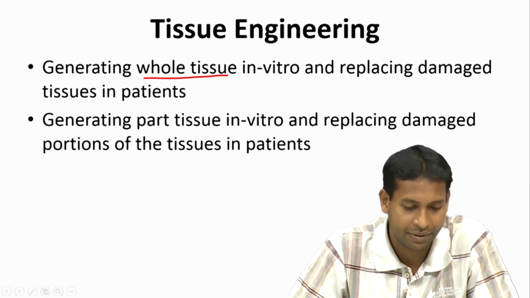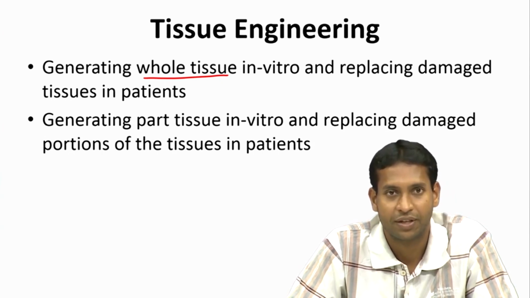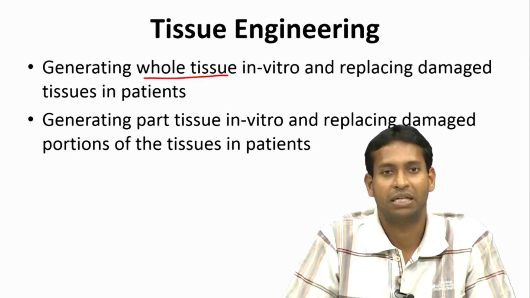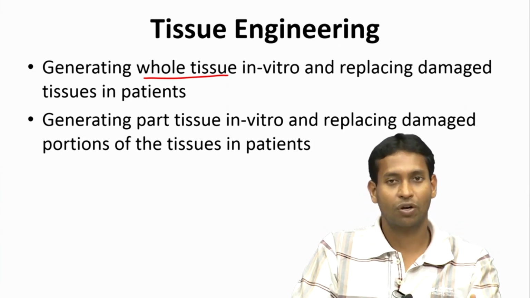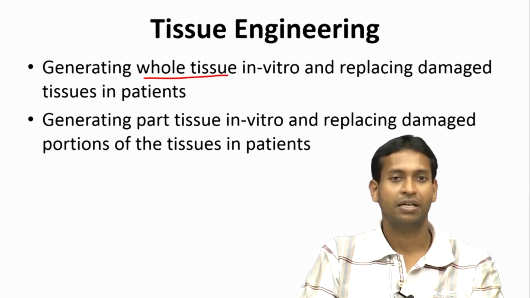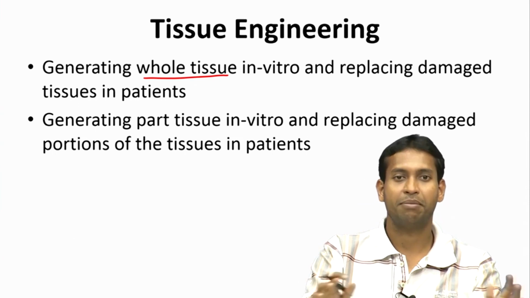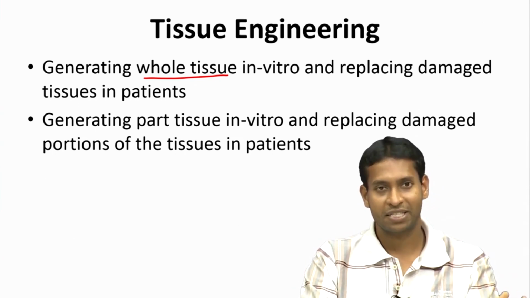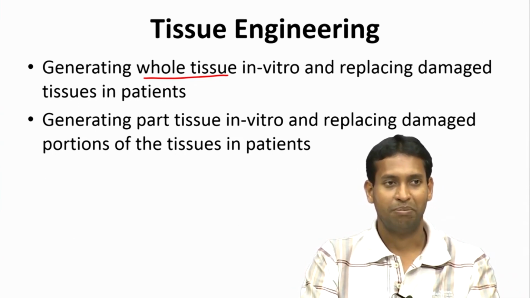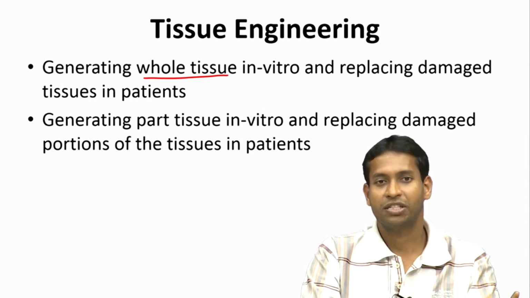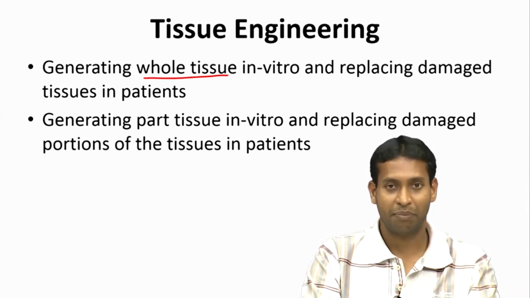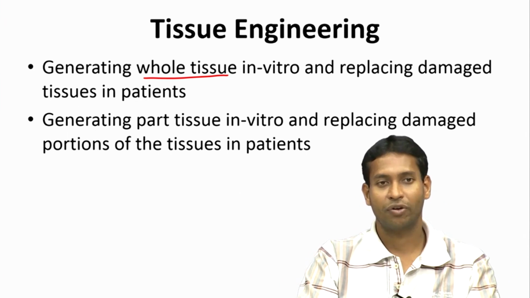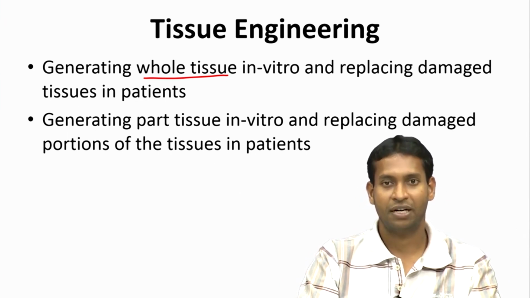Then the other branch of tissue engineering is to generate part of the tissue. This, you will find, is closer to human translation. So, essentially, let us say I come with a damaged tissue, part of my liver is damaged, and I can still live without it, but my function is hindered, or it may continue to get hindered. So, I want to get some sort of healing process to start.